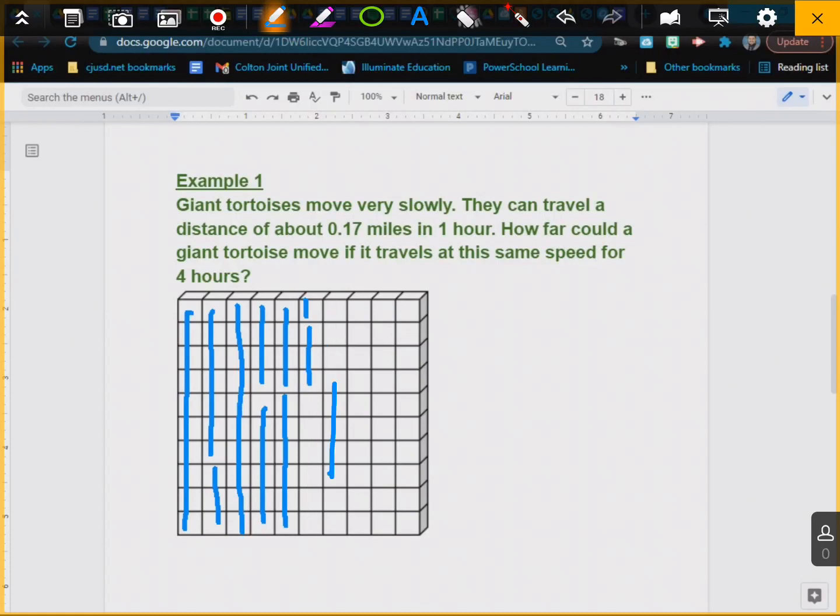Oh, that's it. There we go. Okay, so I have, well, that's not working right now. There we go. Okay, so I have 4 groups of 0.17, or 4 groups of 17, and I'm just going to count how many that is.